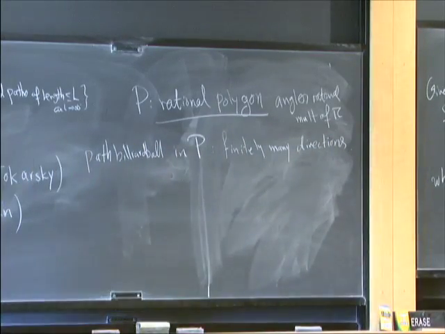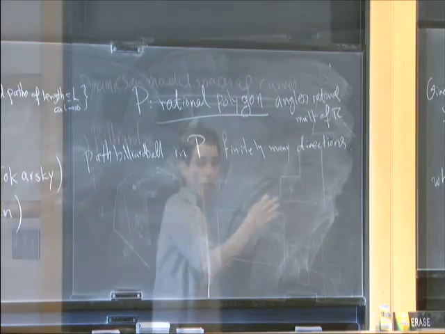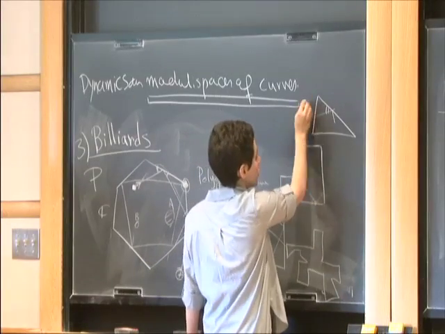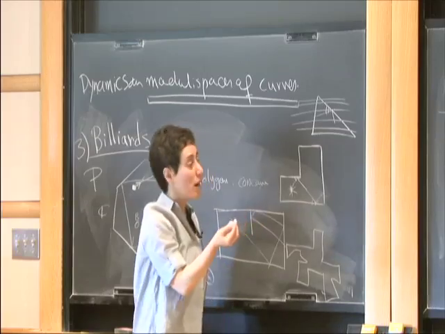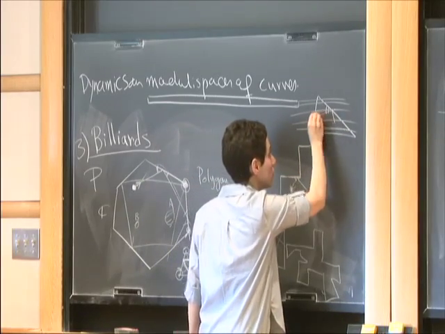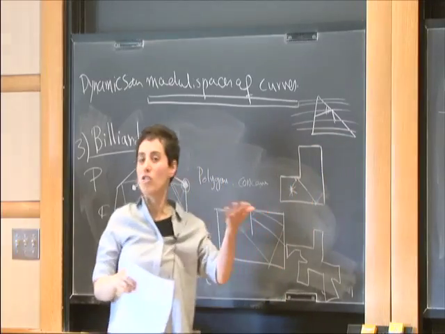So if you start from any kind of polygon, you look at the structure that you have. Like this is vertical and horizontal lines. It makes sense to talk about the angle of a line. And then when you bounce off the edge of the billiard, the angle changes.